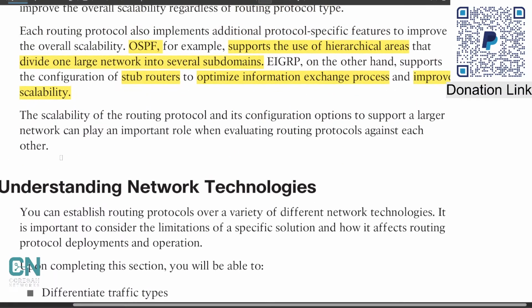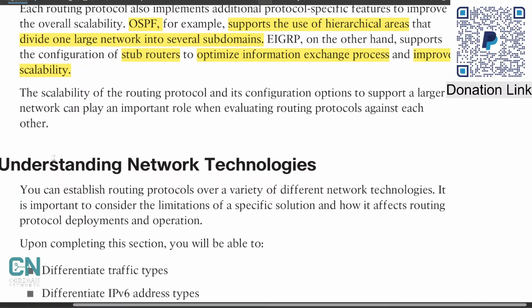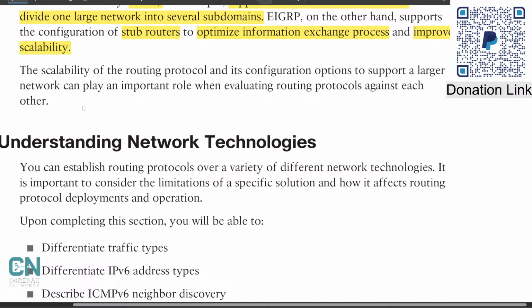Such a nice routing protocol. The scalability of a routing protocol and its configuration options to support a large network can play an important role when evaluating routing protocols against each other.